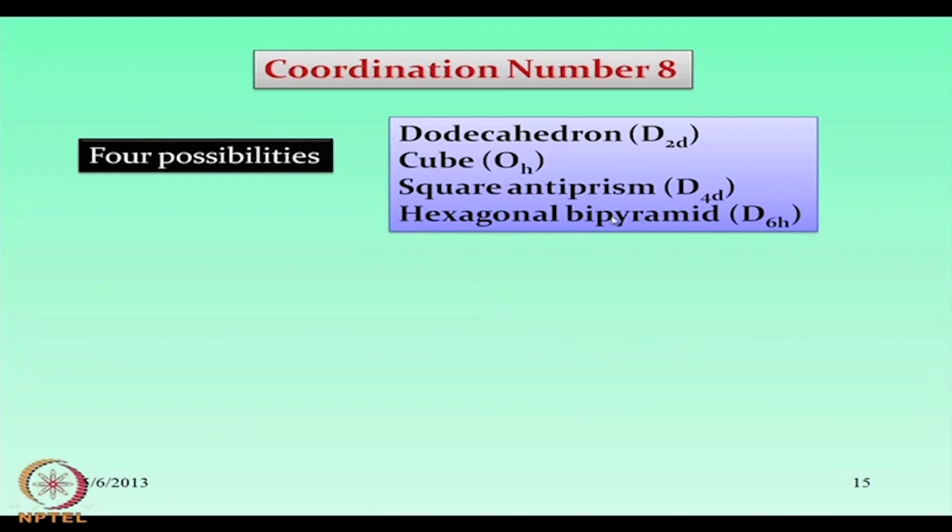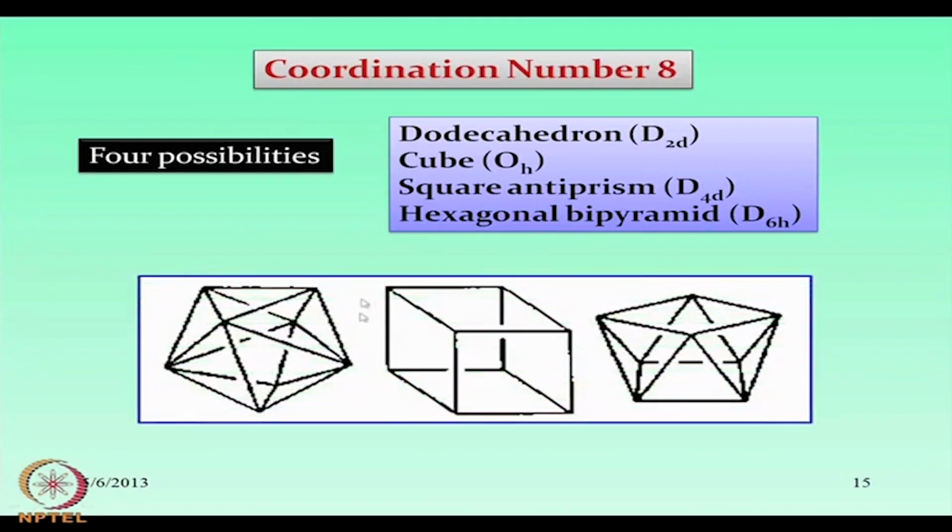The pentagonal bipyramid we have just now seen. Similarly, if the plane you have is the hexagonal one, then above we have one point and below we have another point, we get a hexagonal bipyramidal geometry of coordination number 8 with a symmetry level of D6H. So these are the situations.